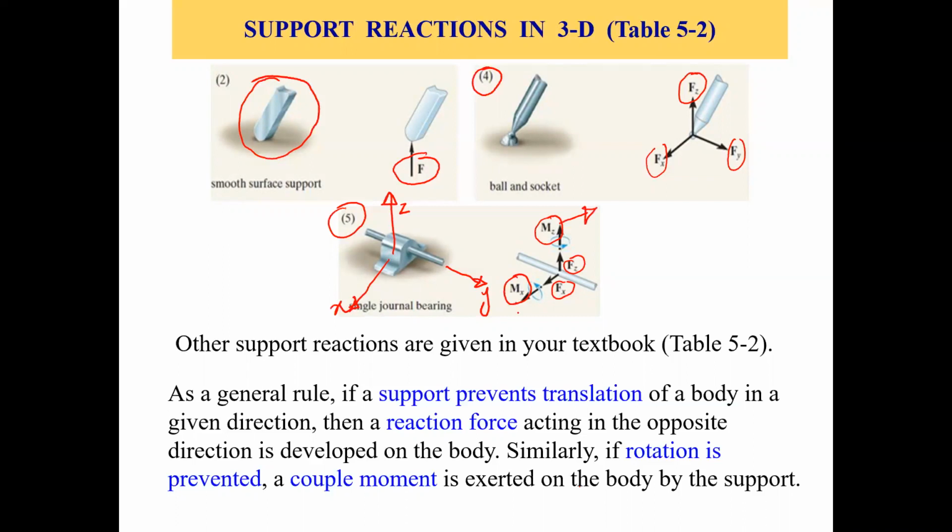This M sub z and M sub x, because the rotation is restricted along the z-axis and along the x-axis. So that's why these two types of moments, M sub z and M sub x, are there, due to this prevention of rotation.